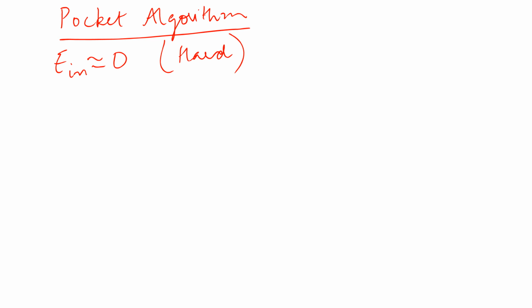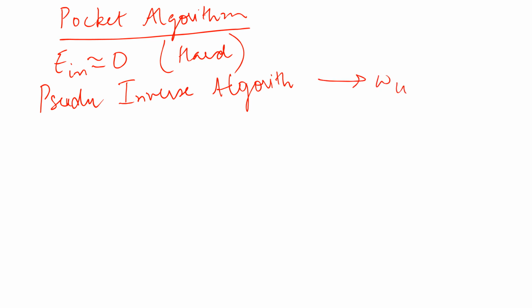And one such technique is that we can use the pseudo-inverse algorithm. How? In the pseudo-inverse algorithm, we saw that obtaining this w_lin is not that difficult. It's obtained easily, right? If we have the classification problem, as opposed to the regression problem, these y's would be only +1 and -1.